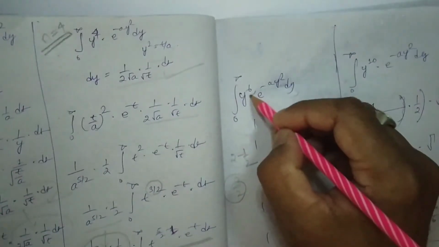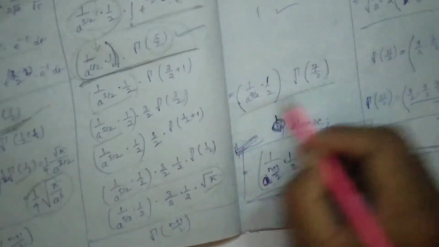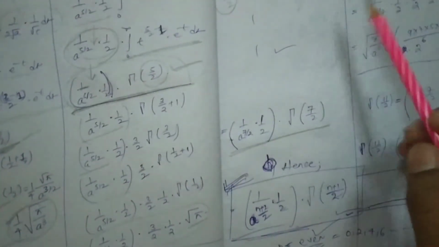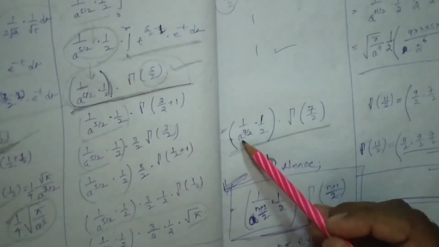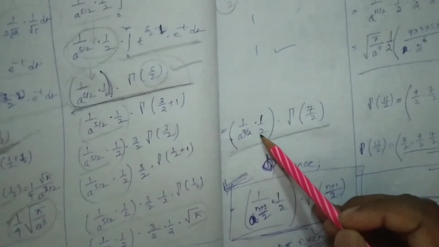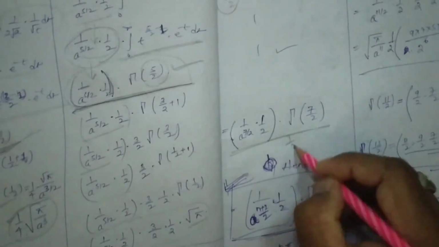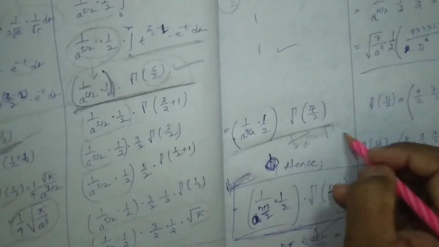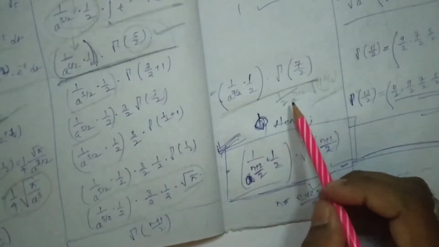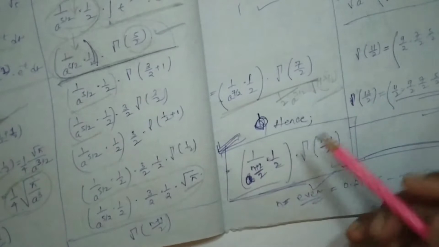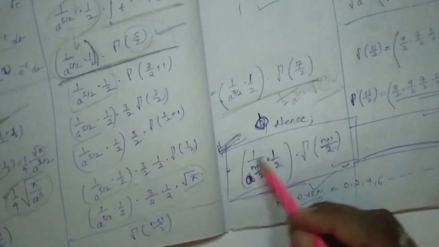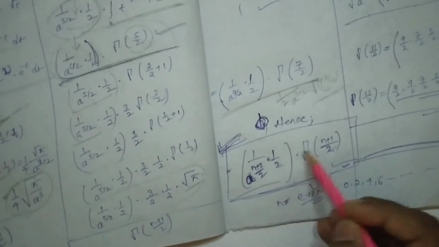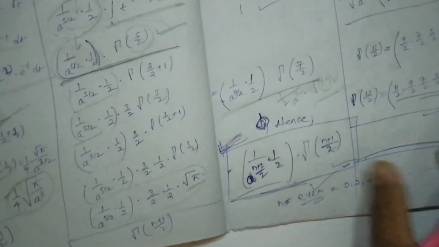Likewise for n equal to 6, it will be 1 by 2 into a to the power 7 by 2 into gamma 7 by 2. So in general it can be written as 1 by a to the power n plus 1 by 2 into 1 by 2 into gamma n plus 1 by 2. You just check it.